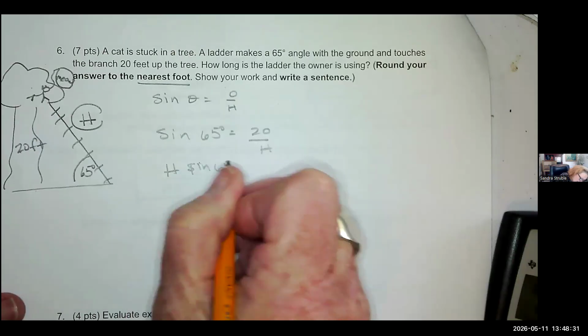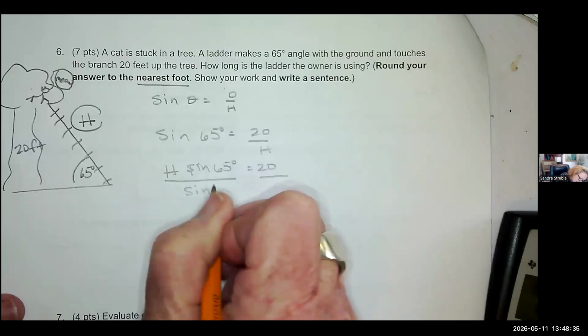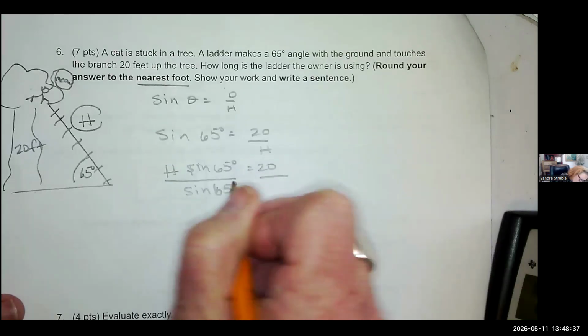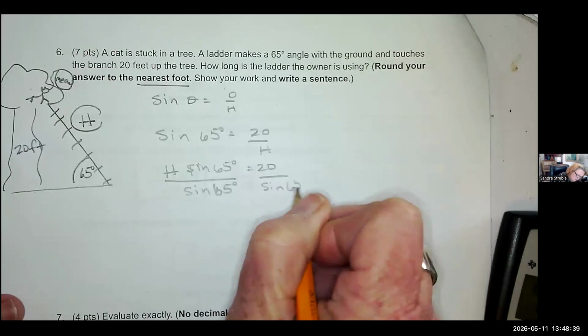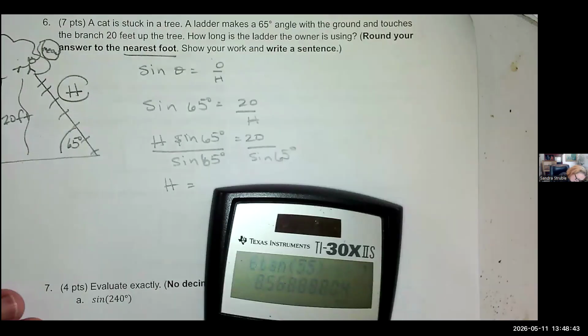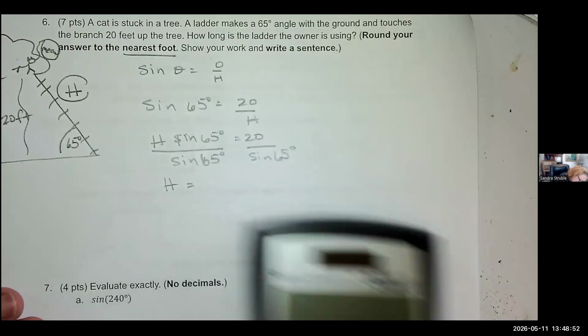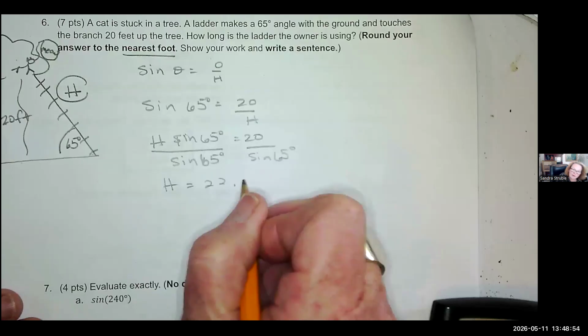Divide both sides by sine 65 degrees. So H is 20 divided by sine of 65, making sure I'm in degrees, which is 22.06. Actually, 22.07. But we want to round to the nearest foot.